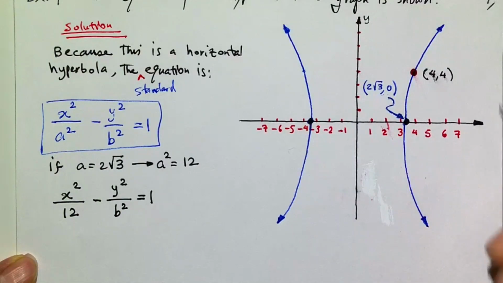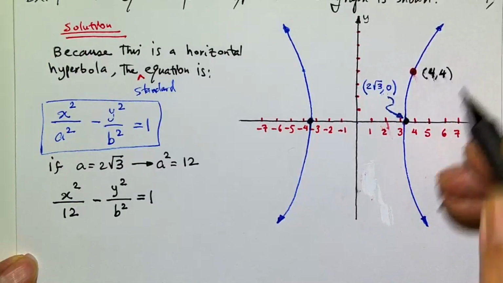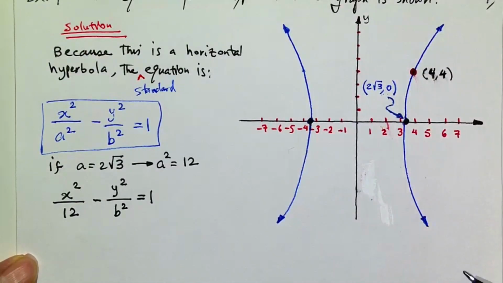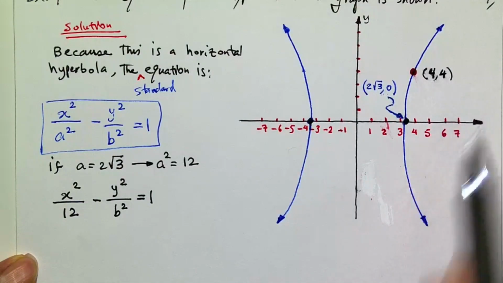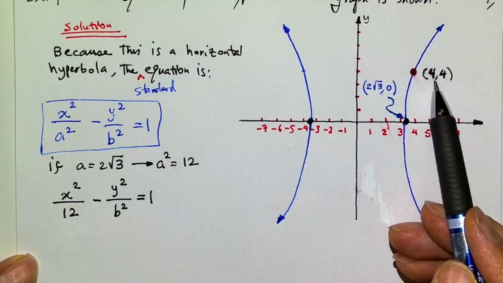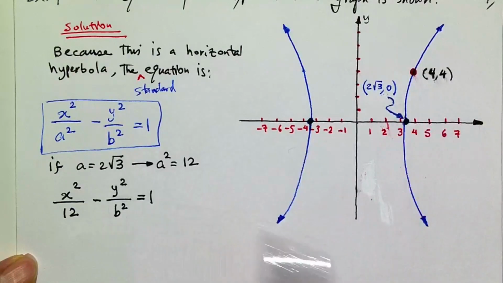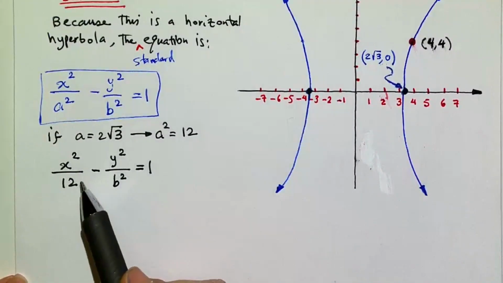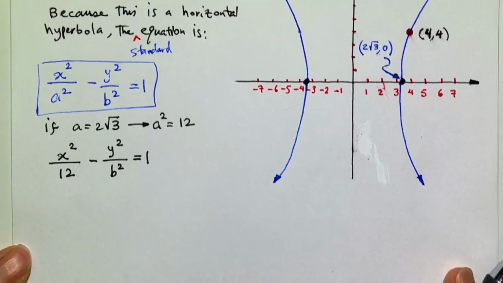So what else do we have? Notice that we have the coordinates of a point on the hyperbola. This is a very important piece of information, right? Because this is x, this is y. So because this point is on the hyperbola, we can plug that information into this equation. Let's do that and see what happens.